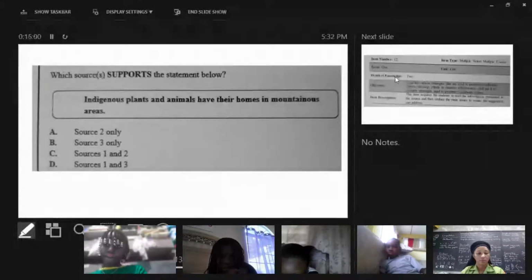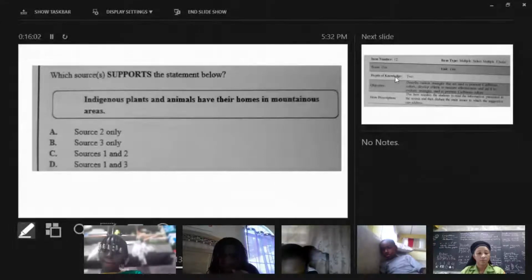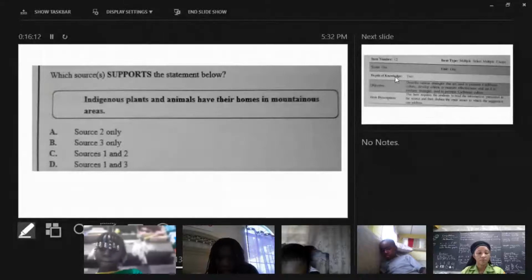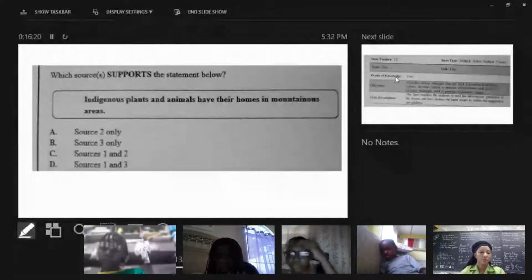C. Sources 1 and 2. D. Sources 1 and 3. Which sources support the statement below? Indigenous plants and animals have their homes in mountainous areas. A. Source 2 only. B. Source 3 only. C. Sources 1 and 2. Or D. Sources 1 and 3.